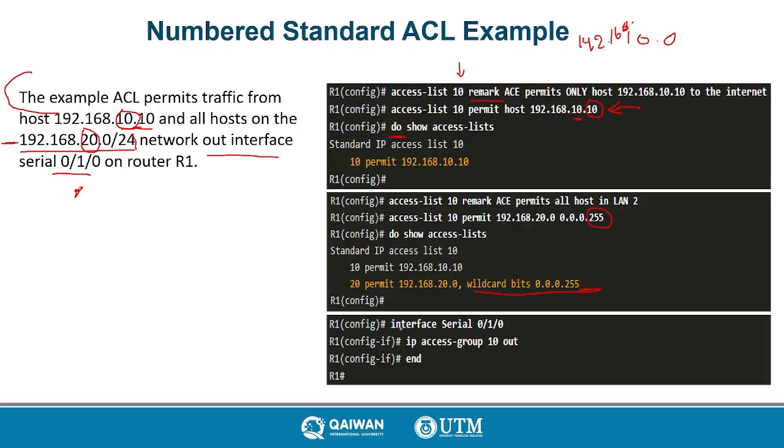Now we will go inside interface serial 0/1/0. How would we know that it is out? Because here it says out interface. However, in the exam you should look at this and use your common sense or knowledge to know if it is out or in.